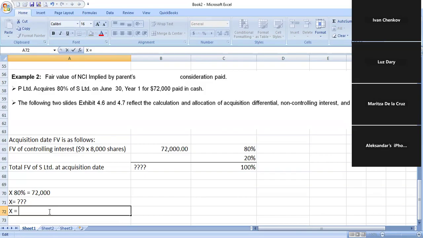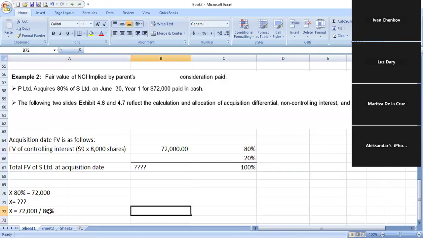So it's going to be 72,000 divided by 80%. And that's going to give me, how much is that? That's going to be 72 divided by 80%. So 90,000 will be the total amount. Make sense? So this amount here should be 90,000.